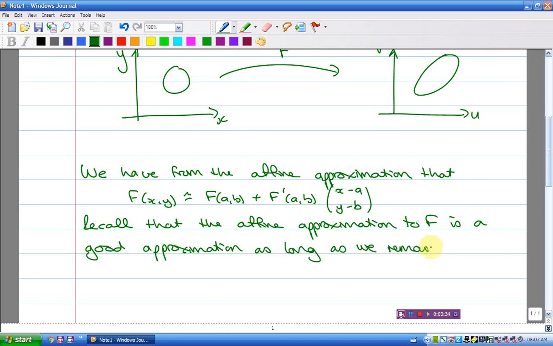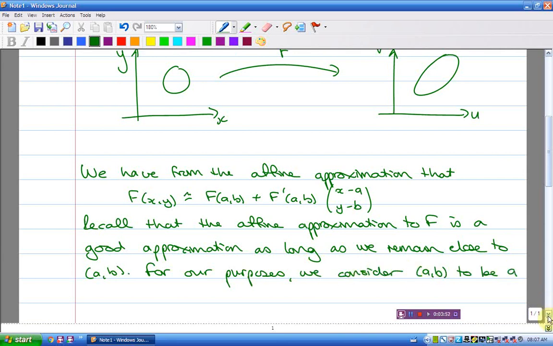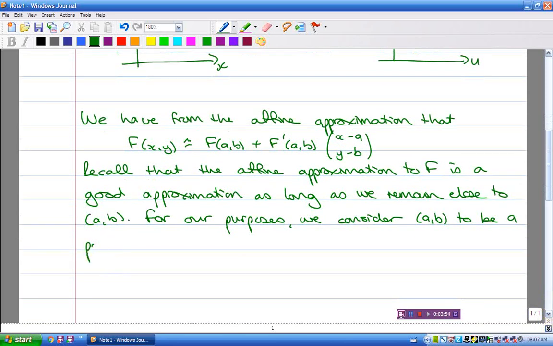As long as we remain close to this point AB, for our purposes, we consider AB to be a point in a very small region R in the xy plane. Okay?